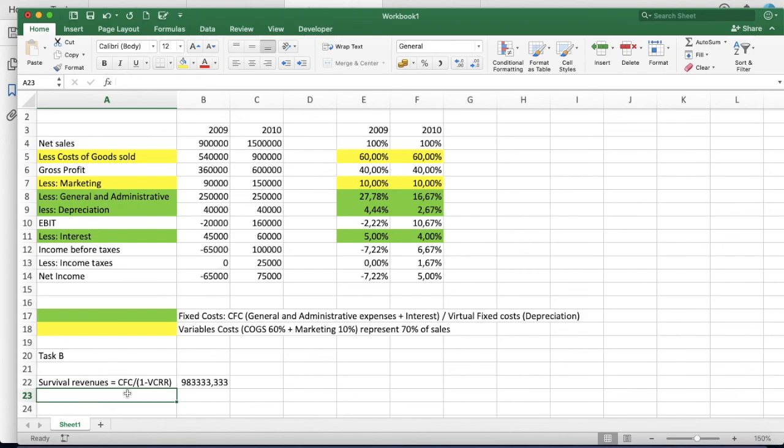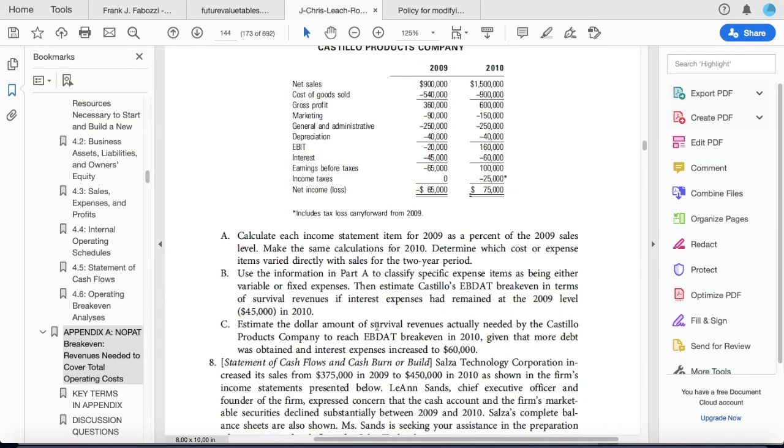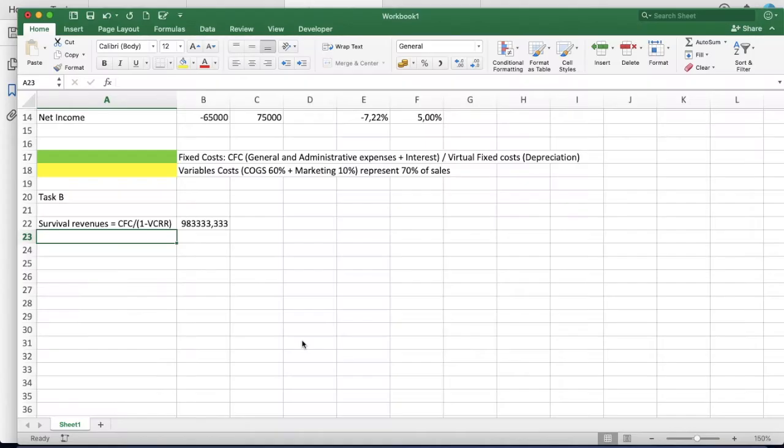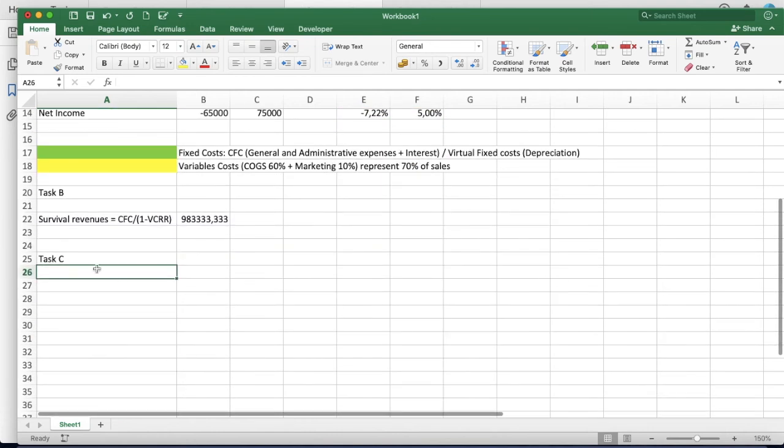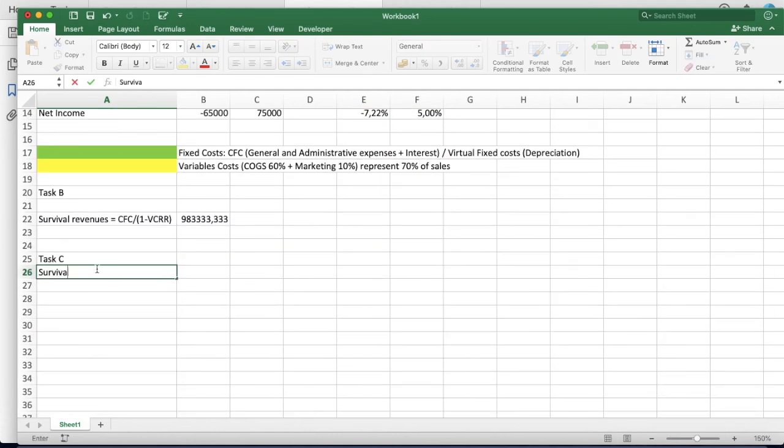Now let's move to the task C. So we'll redo the same thing, except that this time we suppose that the interest expenses will be $60,000 instead of $45,000. Still, we have to keep the same formula for the survival revenues.